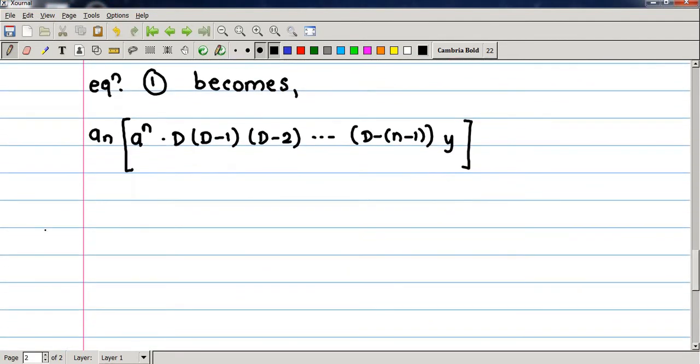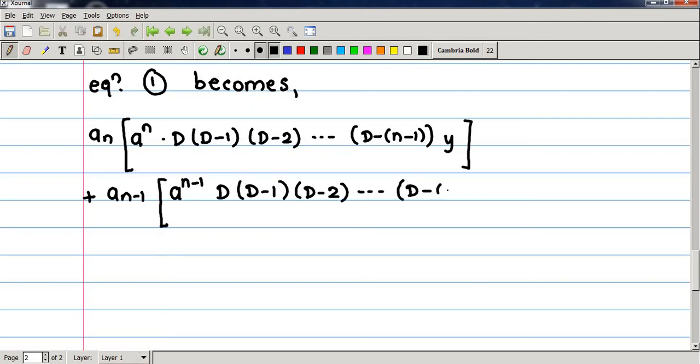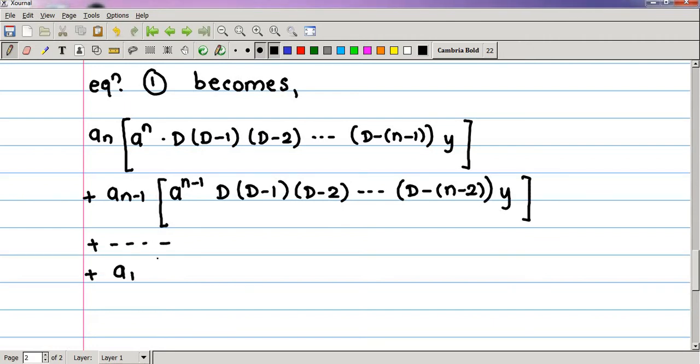Then the second term in equation number 1 was a(n minus 1) into (ax plus b) raised to n minus 1 into the (n minus 1)th derivative of y with respect to x, and it will be replaced by a raised to n minus 1 into D(D minus 1)(D minus 2) up to D minus (n minus 2) into y, and so on, a1 into Dy plus a0 y.